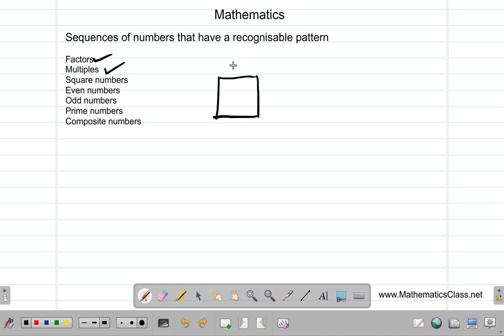Suppose you measure, whether in feet or inches or yards or meters or centimeters, whatever you measure it in, you measure this as 1 and you measure this as 1. How do you find the area of the square?